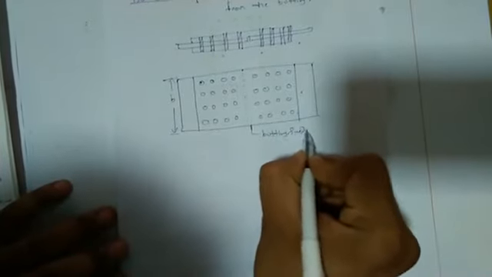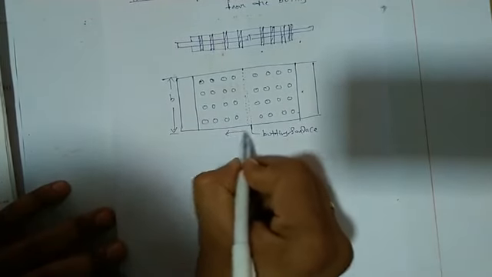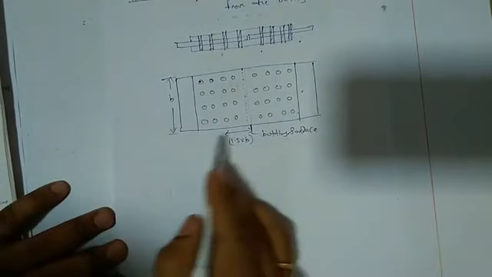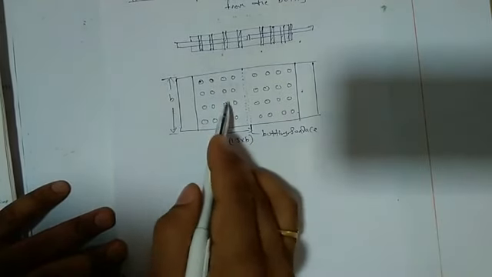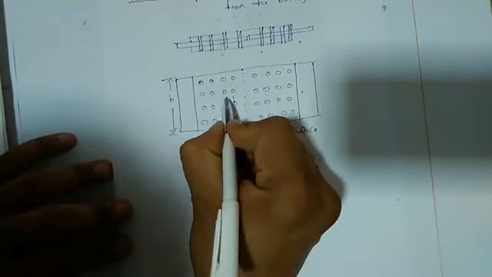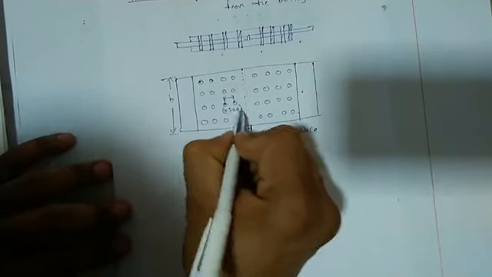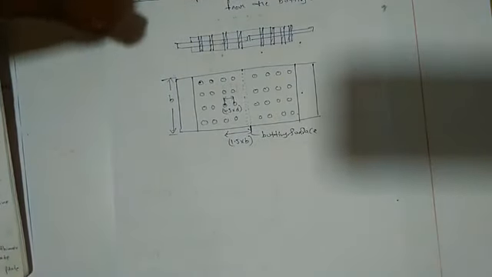From this butting surface, take a length of 1.5 times of b. Till this distance, you have to maintain the pitch as 4.5 times of d. So the distance between these two bolts is to be maintained as 4.5 times of d up to a distance of 1.5 times of b. That is what the code is telling for butt joint.